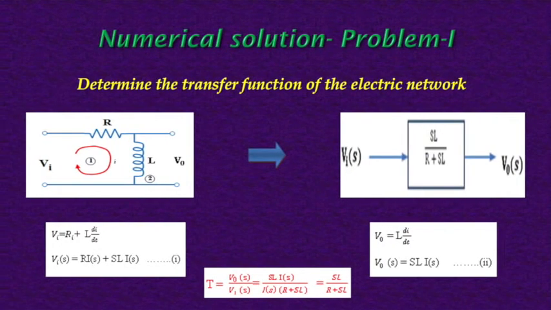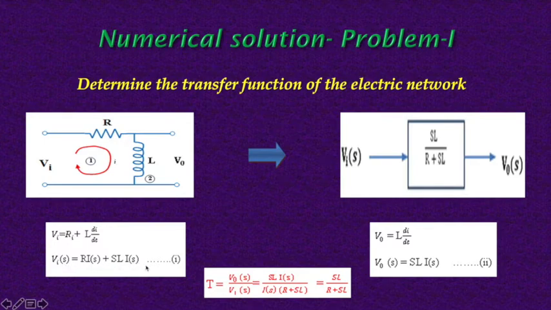Numerical problem 1. Determine the transfer function of the given network. Here the input is Vi and the output is V0. An RLC circuit is given. Consider loop 1. Using KVL, Vi equals R i plus L di/dt. Taking Laplace transform, we get V(s) equals R I(s) plus L s I(s).